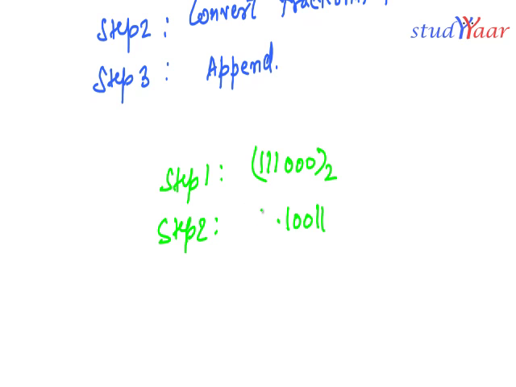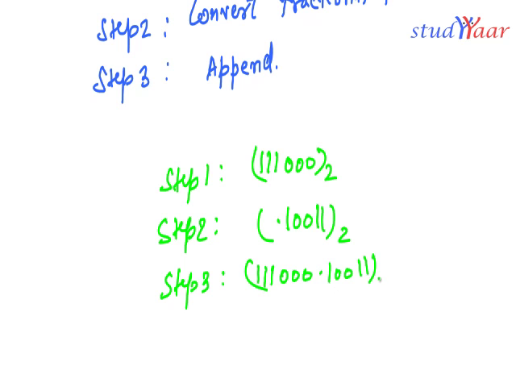Okay, and the final step is append. So what I get is 111000, and to this you append the fractional equivalent binary number, which is 0.10011.